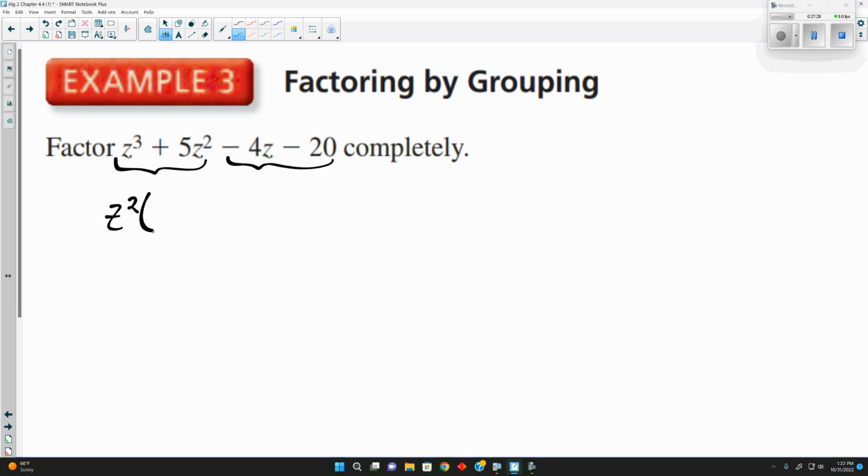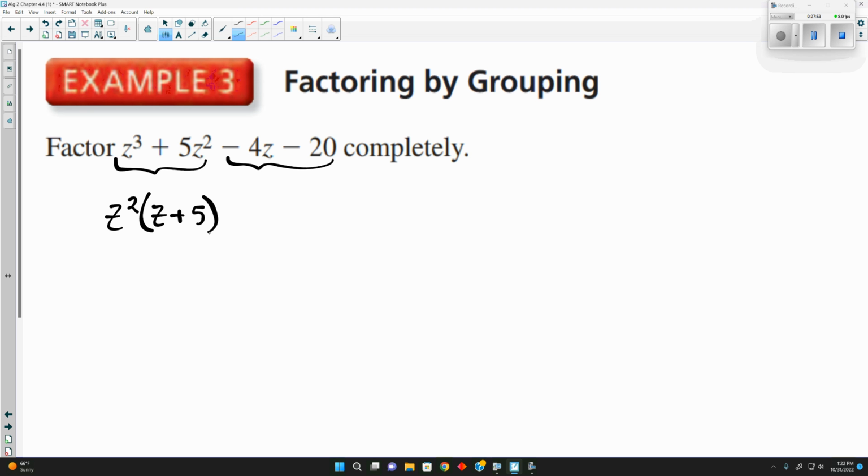Because if there's something in common with all the terms that we're looking at, we can pull it out. So if I factor a z squared out of z to the third, I'm left with z. Plus, if I factor a z squared out of 5z squared, I'm left with 5. Now we can look at the last two terms.